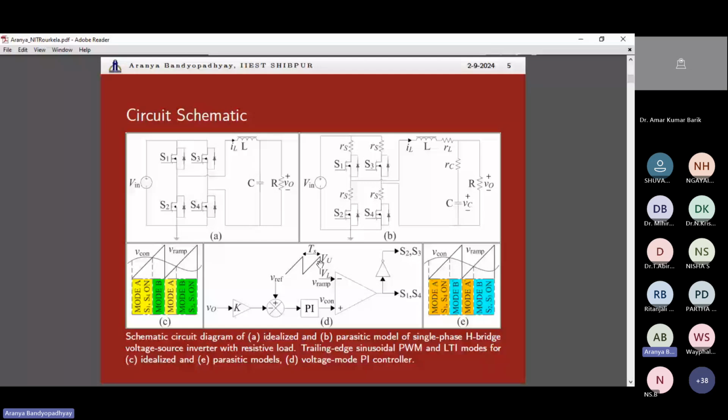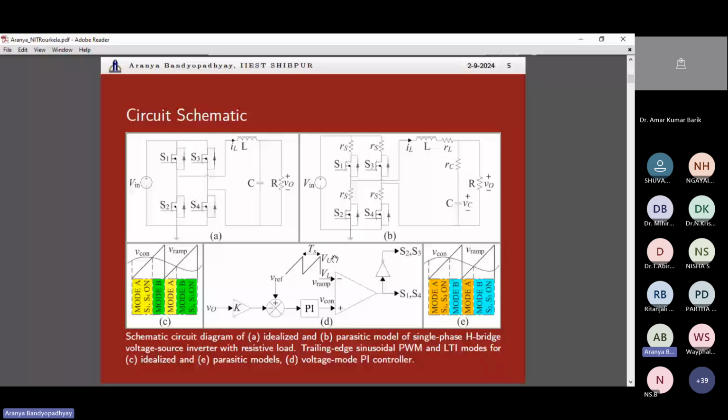Then you'd ask, what is an example of an autonomous system? For example, I would say a DC-DC converter or an inverter operating with a hysteresis controller. You are familiar with it, right?